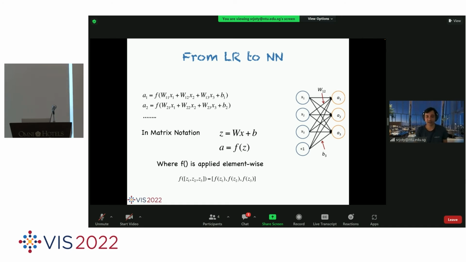Okay, and you apply this activation function in the element-wise way. So basically you apply sigmoid differently for each of these logistic regression units. It's not like it is taking the three, I mean A1, A2, and A3 or 3Z here. It's just applying each of these in an individual way.